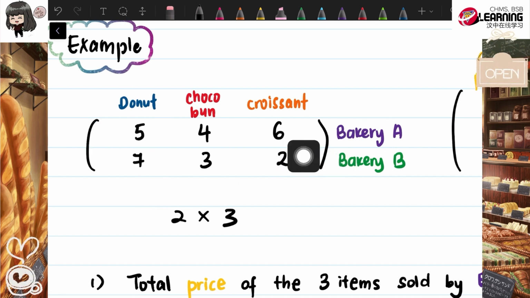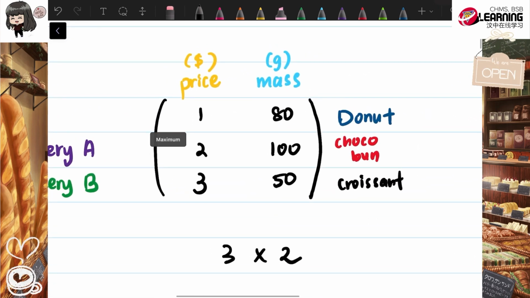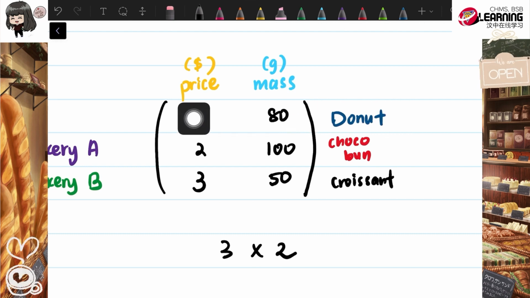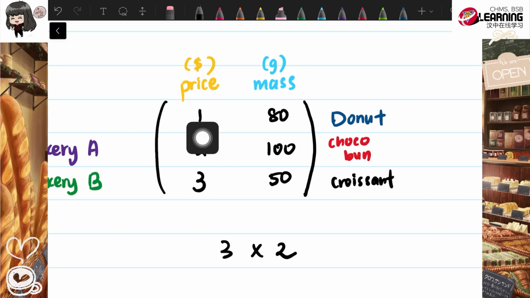This is how it looks. It looks like a table, but it is written in matrix form. And this matrix here, what I labeled, means this is the price of the donut, which is $1 each. The price of a choco bun is $2 each, and the croissant is $3 each.